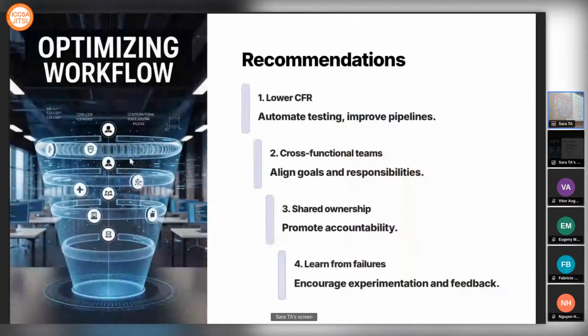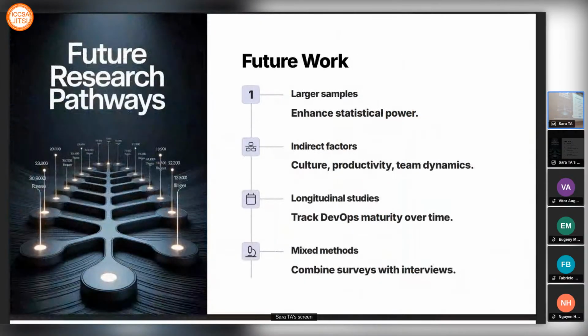Some recommendations: lower CFR, cross-functional teams, shared ownership, learn from failures. Our future work includes larger samples, because we really need to enhance our statistical power, indirect factors such as culture, productivity, team dynamics, and longitudinal studies. We need to track DevOps maturity over time.